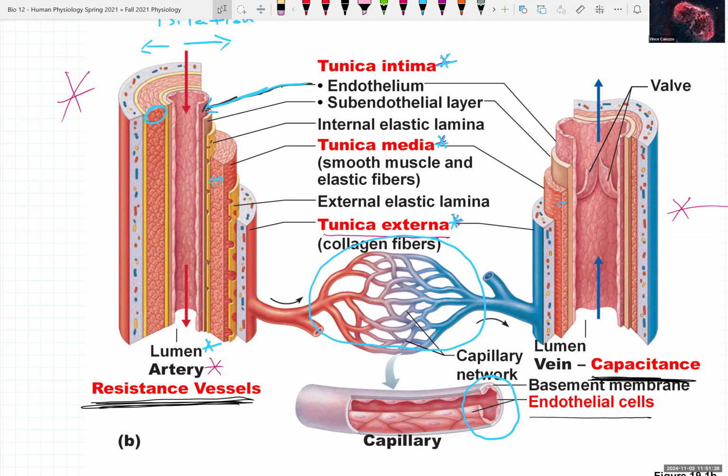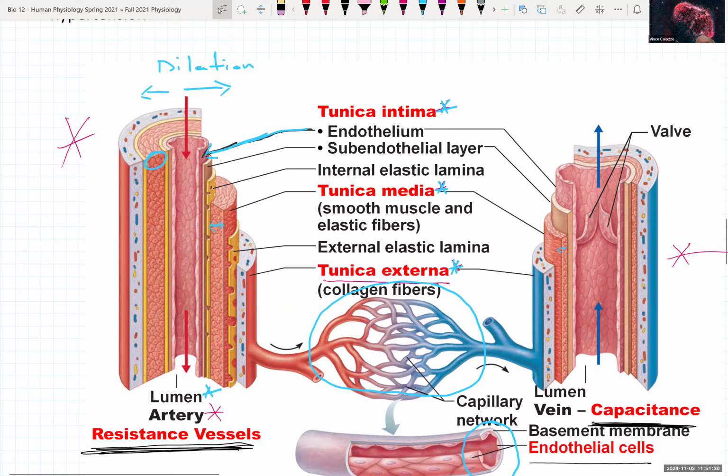If we take a look at the structure of an artery, there are three different levels of organization. There's the tunica intima, which is highlighted here. The tunica intima makes up the walls of the lumen, and it's endothelial cells that make up the walls of the lumen. The lumen is the opening of the blood vessel.